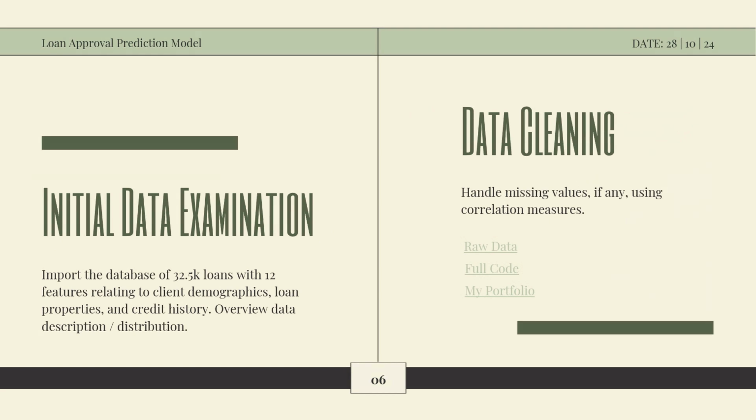We will also explore statistically, rather an overview of properties and credit history, the client demographics, the distribution of the data itself, and the description. And then we will clean the data. We will see if there are any missing values, the correlations as well. It's most appropriate to use correlation to handle missing values at certain points. So we'll go through that as well.